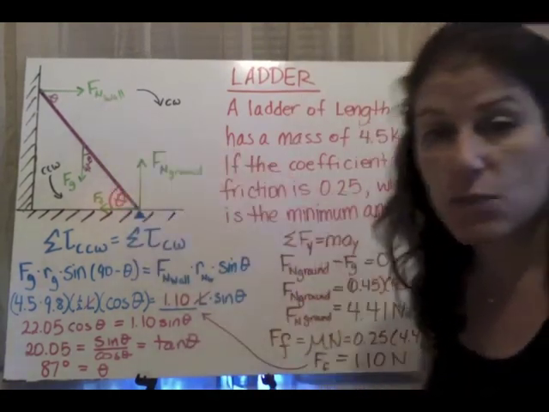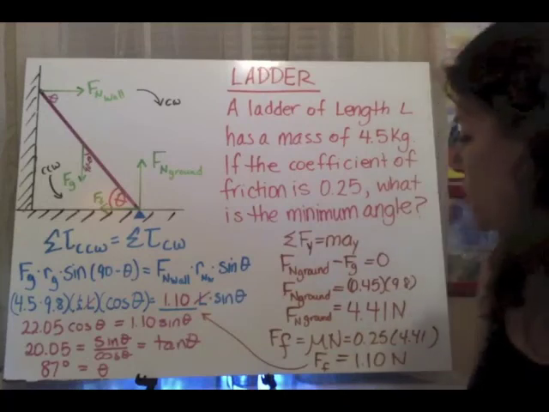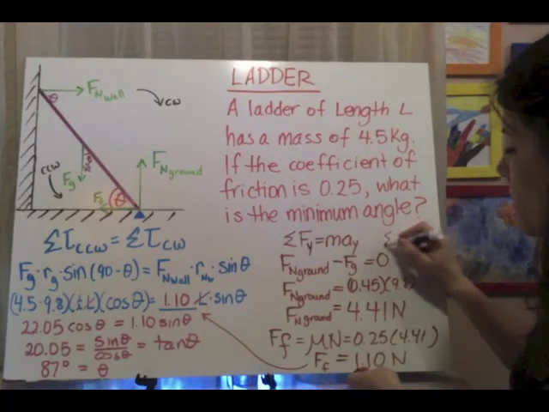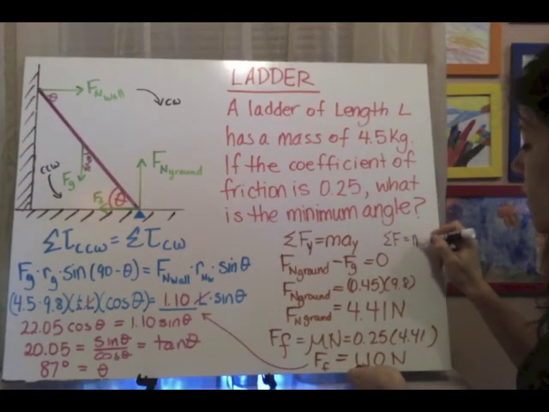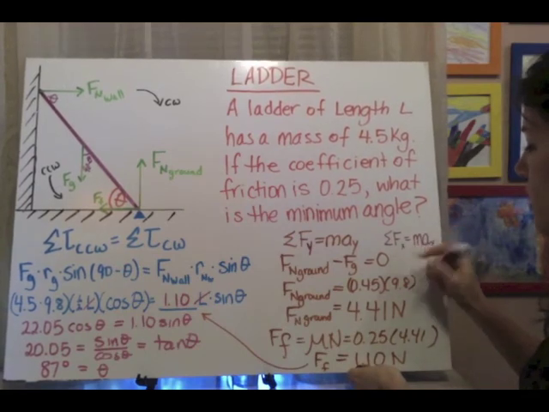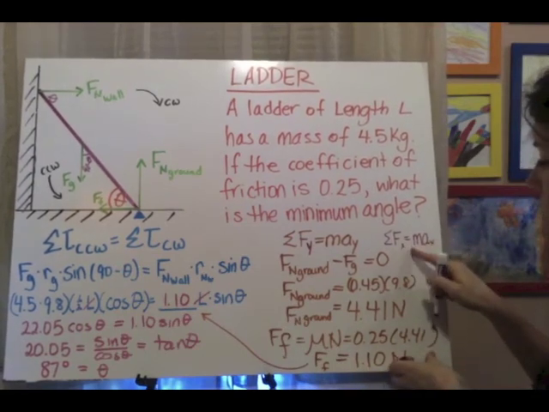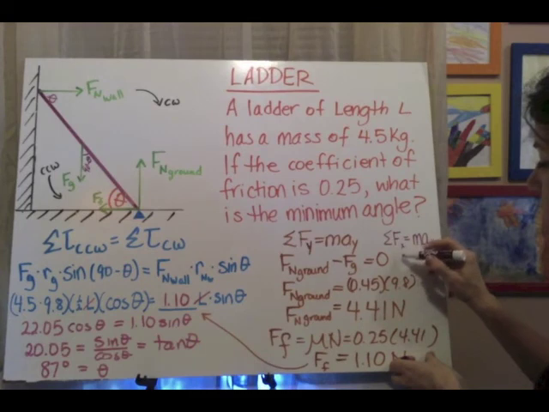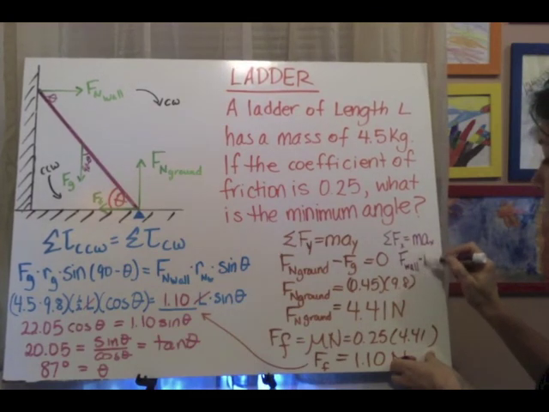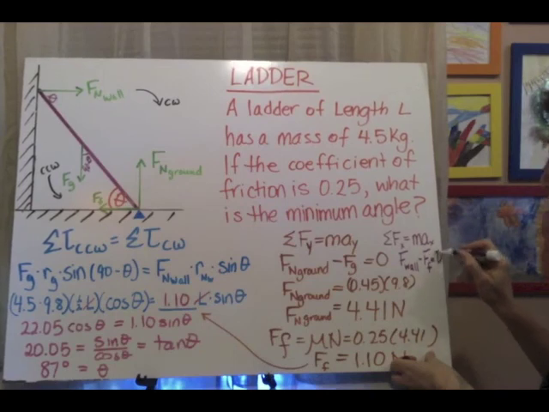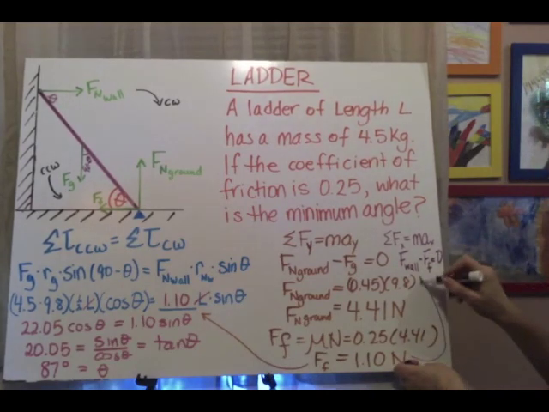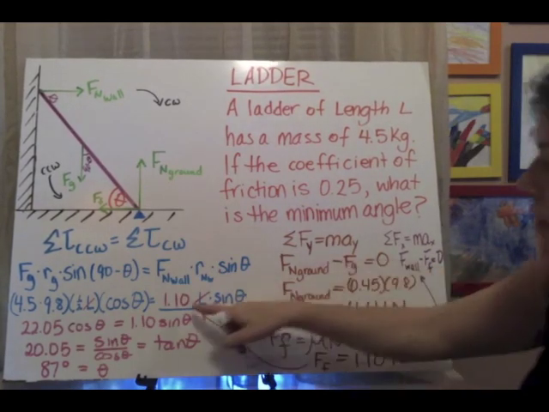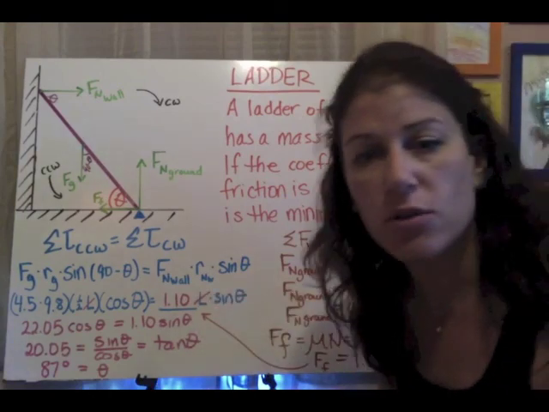I actually ran out of space on this board to show you that step. But if you look over here, you would also solve the first condition of equilibrium on the x-axis, and you would have the force of the wall minus the friction force is equal to 0, right? So the force of the wall is equal to the friction force.